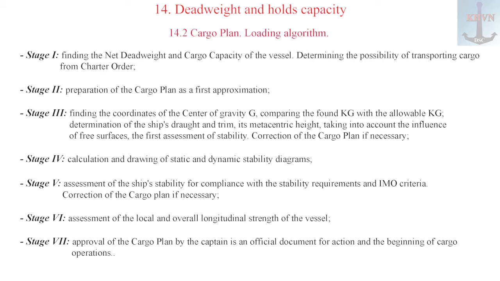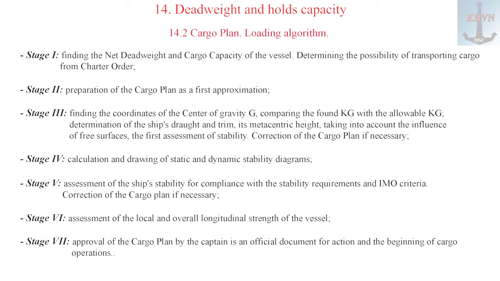14.2 Cargo Plan. Loading Algorithm. Calculation of landing, stability, and strength of the vessel is carried out in several stages. Stage 1, finding the net deadweight and cargo capacity of the vessel. Determining the possibility of transporting cargo of the order task. Stage 2, preparation of the cargo plan as a first approximation.